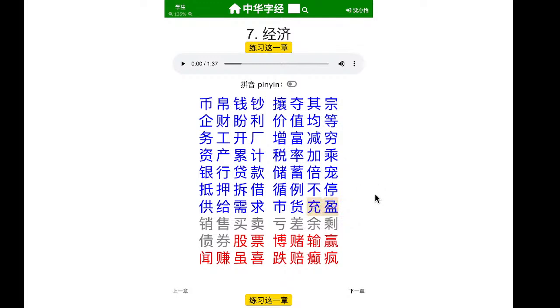But this 市货充盈 is going to refer to the abundance of the goods in the market, the full and abundant supply of goods in the market.